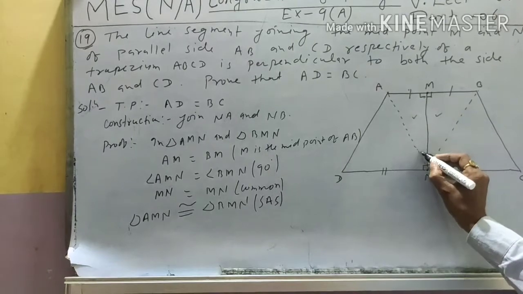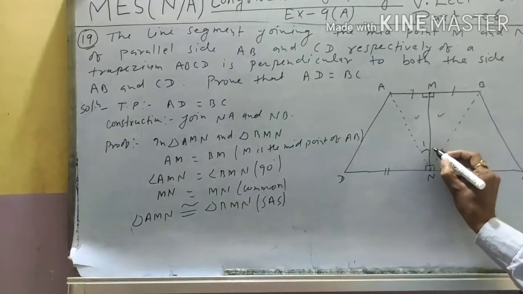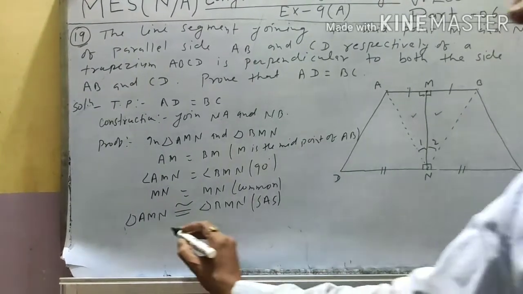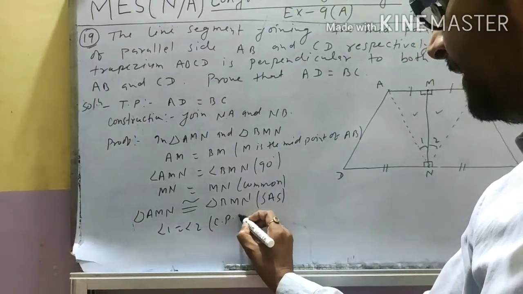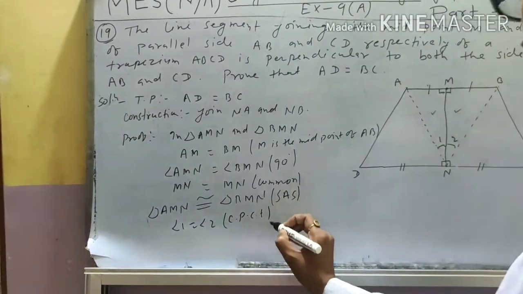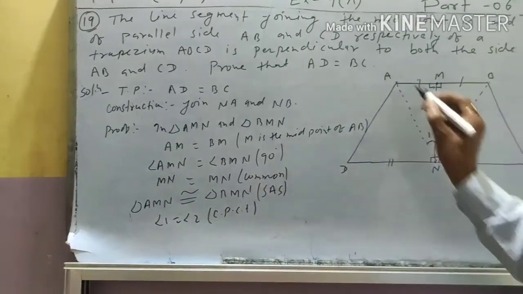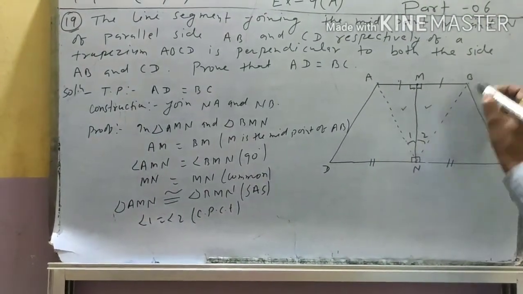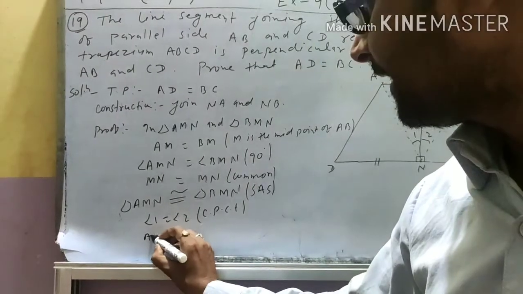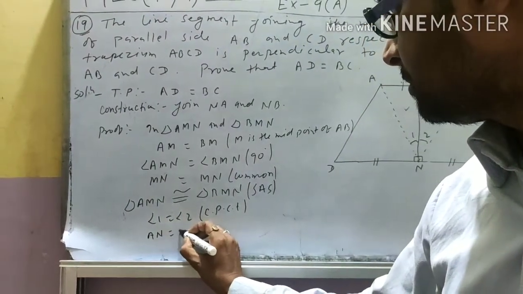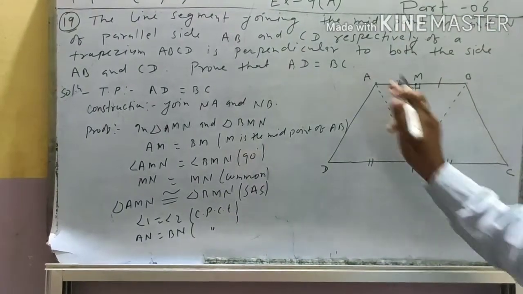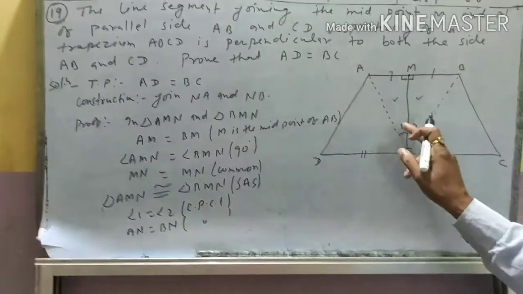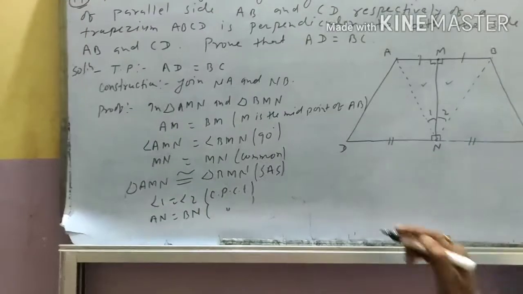By CPCT, suppose this is angle 1 and this is angle 2. Write down here: angle 1 is equal to angle 2 by CPCT, and AN is equal to BN by CPCT.